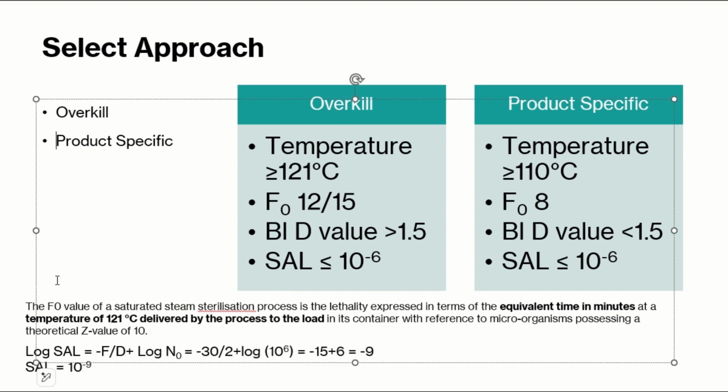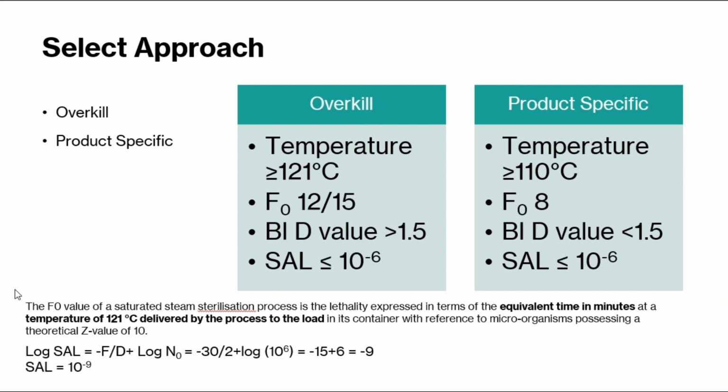So you could do it easily from the validation data you receive at the end of your cycle. You just place your minimum F0 received from your cycle, you place the D value, and you place the spore population of your biological indicator here, and then you could easily calculate the SAL at the end of your cycle. If you have any questions, you can easily comment after this video.